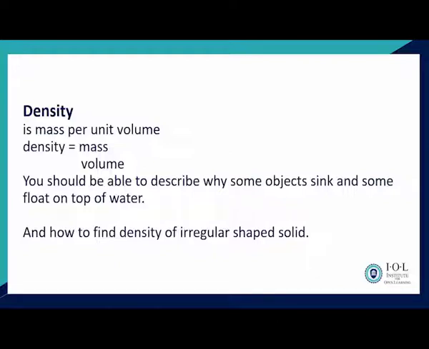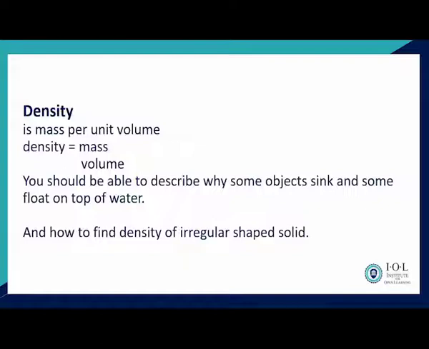Now, with density, we must be able to describe why some objects sink and some objects float on top of water in terms of density. Objects that sink underwater are those that have a greater density than that of water.